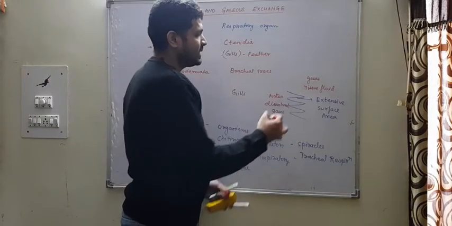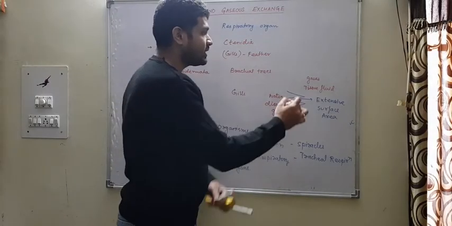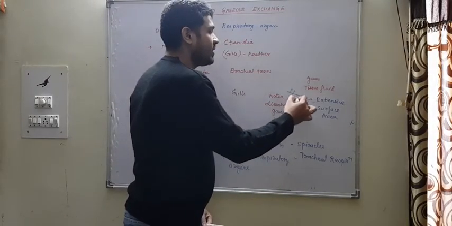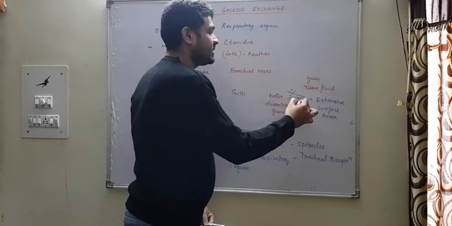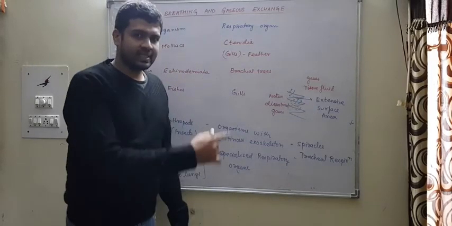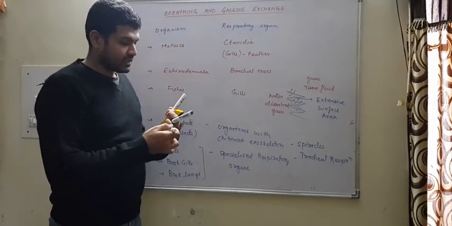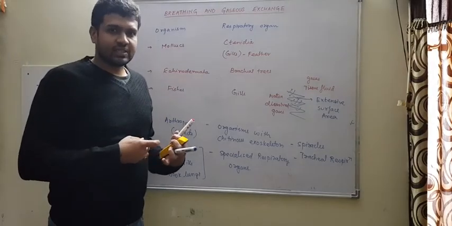So gases move according to their concentration gradient across this gill membrane. So gills are the respiratory organs in fishes.